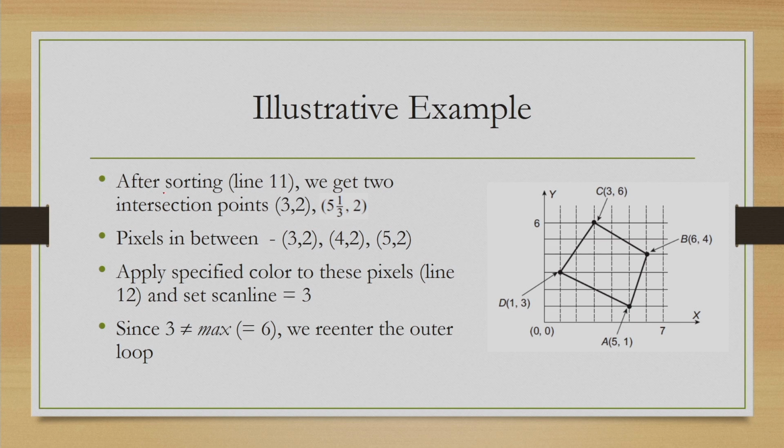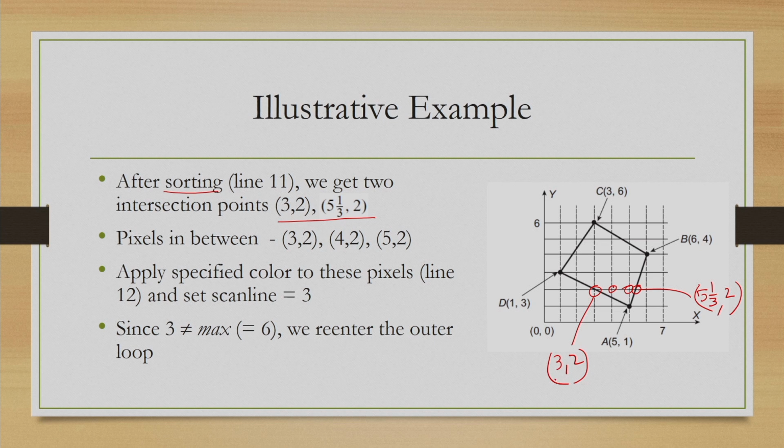Then we perform a sorting as mentioned in the algorithm and get these two intersection points in a sorted order as this one. So, this is one intersection point and this is the other intersection point. In between pixels are there as you can see.